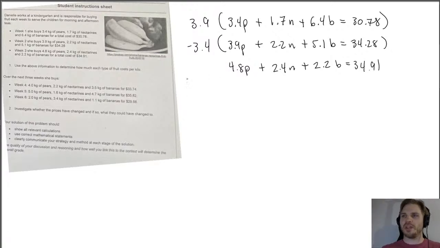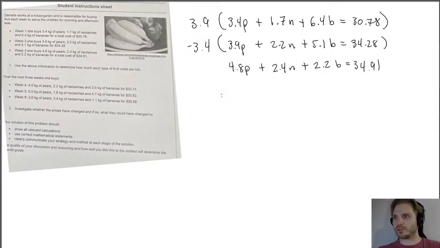So basically, what I'm doing is I'm finding the LCM of this number and this number, right? And I'm going to use that so I can cancel this variable out of the second equation. And you'll see why in a second, but that's the process. I'm going to do it again with the 4.8 as well. So we got to do 3.9 times 3.4. I'm going to change the color right here so you see the new system.